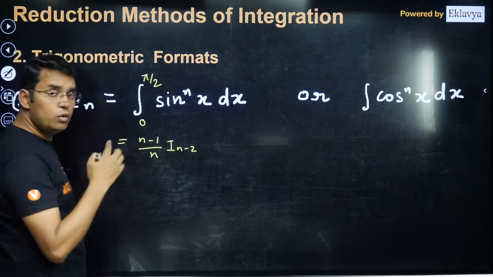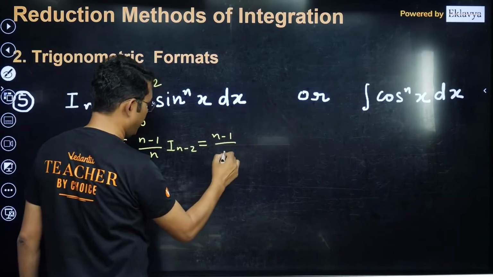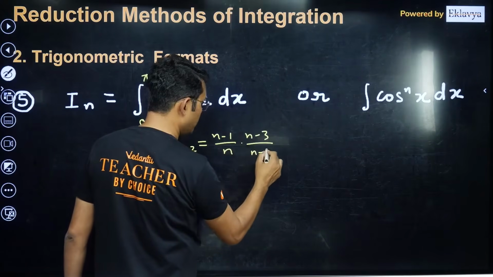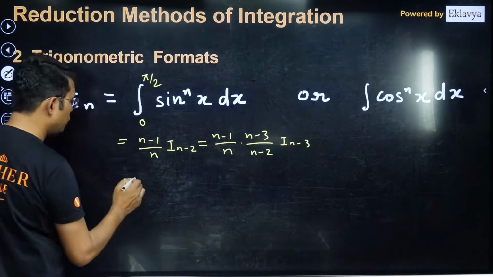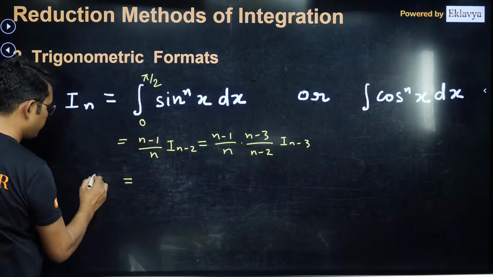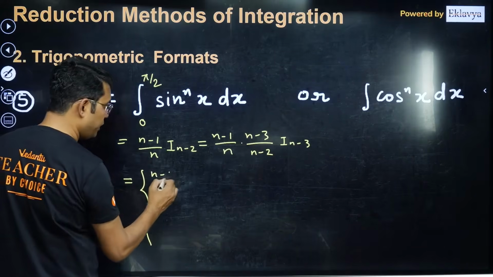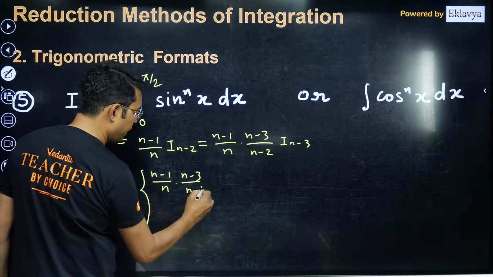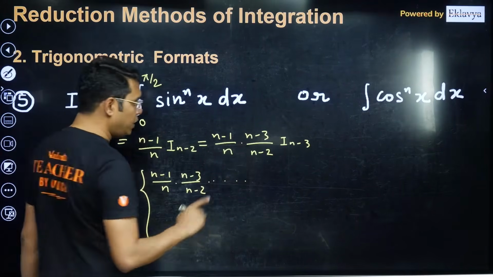Now if you want to repeat it, that will be n minus 1 upon n into n minus 3 upon n minus 2 into i(n minus 4), and so on. We can keep doing like this. So finally my in will be n minus 1 upon n into n minus 3 upon n minus 2, and so on, depending upon whether n is even or odd.